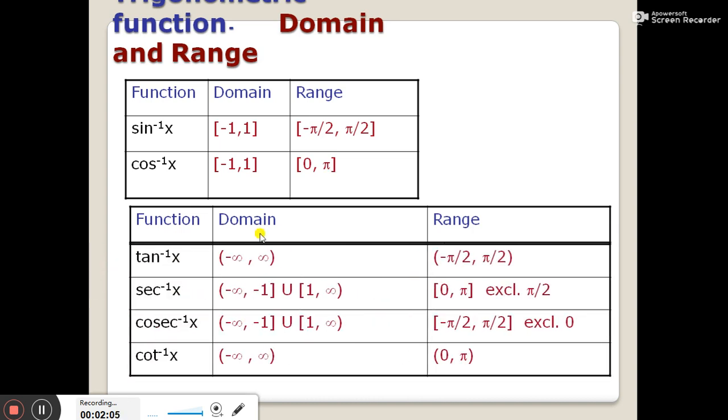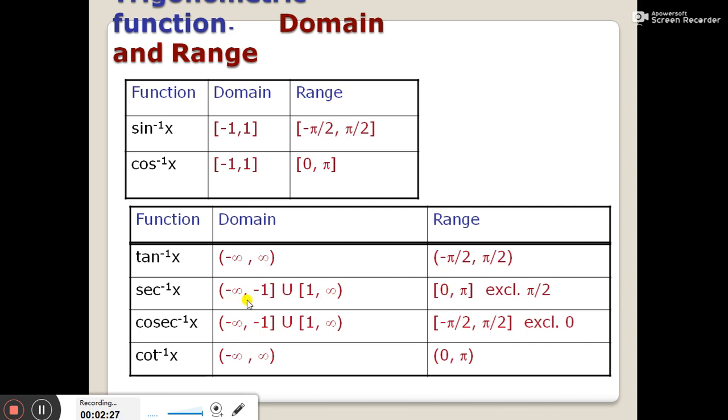And for tangent inverse x, the domain is the open interval minus infinity to infinity, and the range is minus pi by 2 to pi by 2, that is the open interval, because at pi by 2 the tangent function is not defined, and that's why we have to consider the open interval.